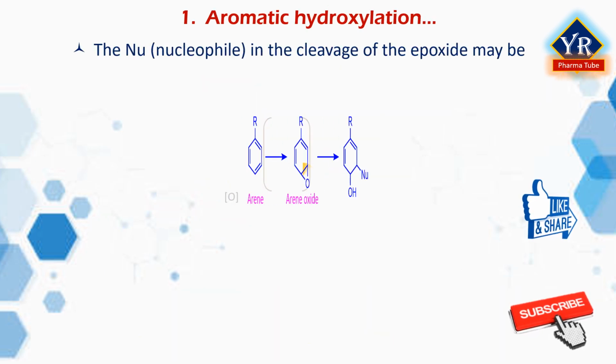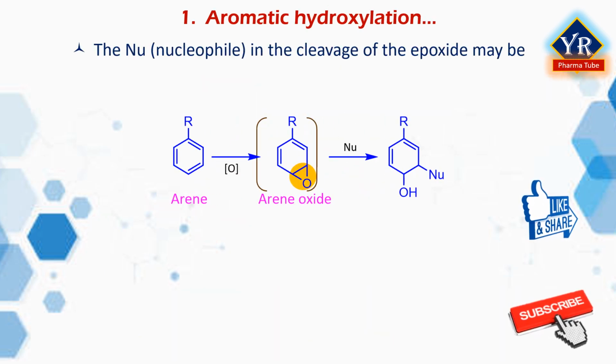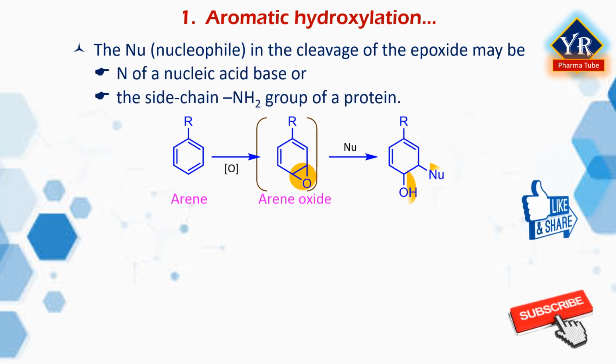In the reaction, the nucleophile in the cleavage of the epoxide may be the nitrogen of a nucleic acid base or the side chain amino group of a protein. The effect of this new bond is to attach the drug to the nucleic acid or protein. This can lead to liver damage, that is hepatotoxicity.